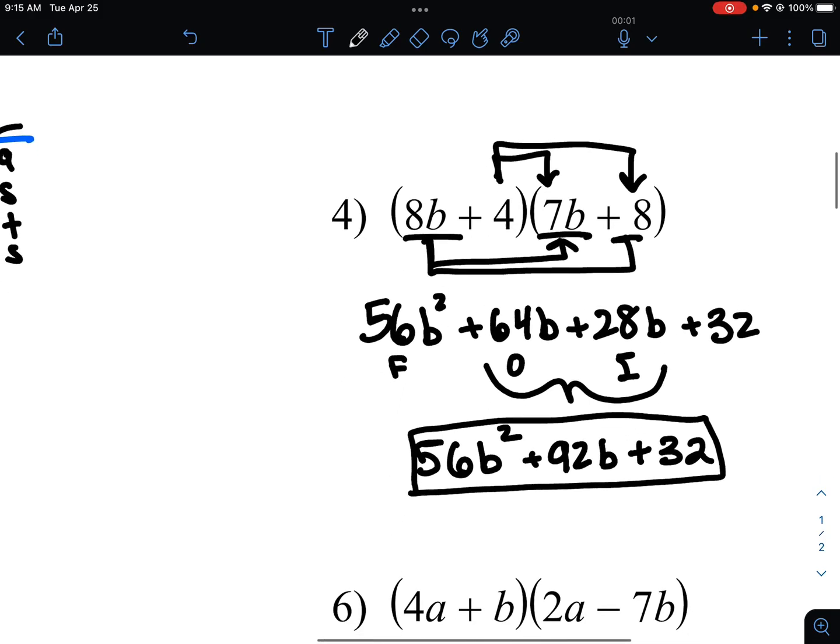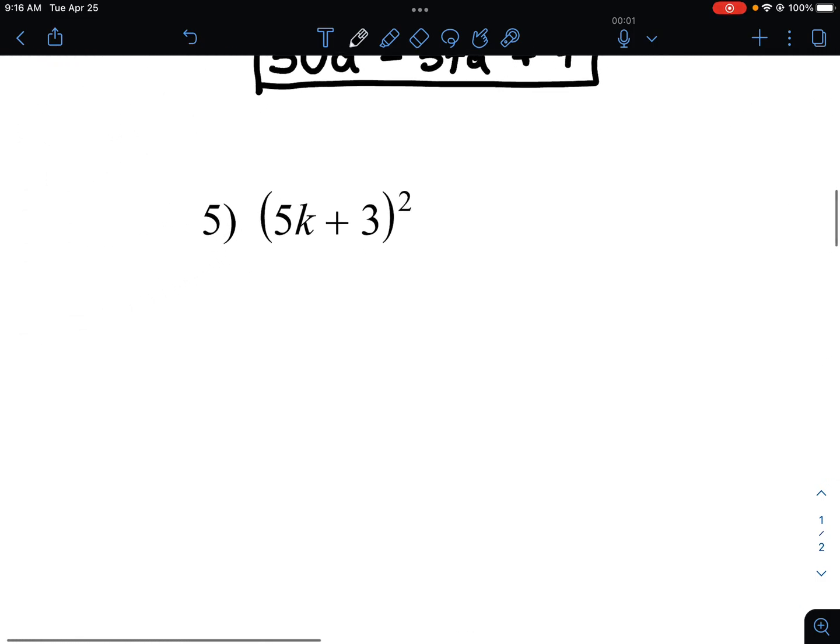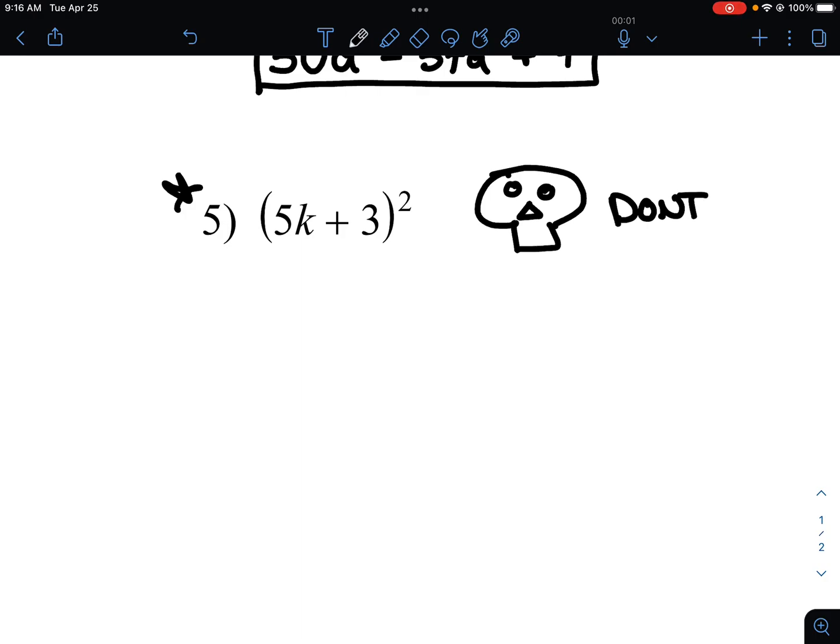Okay, so FOIL for those. 5 is a tricky one. Here is a common trap. So common trap, don't distribute the 2. You can't distribute the power. Okay?